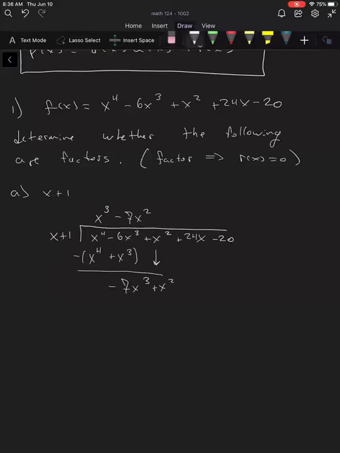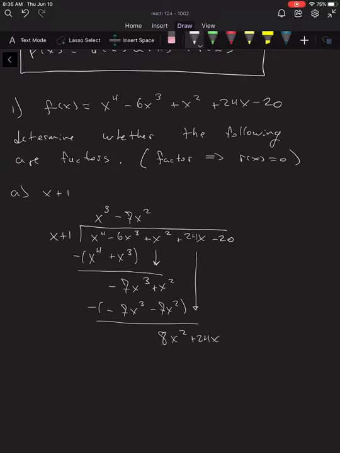Minus 7x to the 2 times x is minus 7x to the 3. Minus 7x to the 2 times 1 is minus 7x to the 2. Subtract. The first bit's 0, and then we get x to the 2 minus a negative 7x to the 2, so 8x to the 2. Then bring down our next piece.